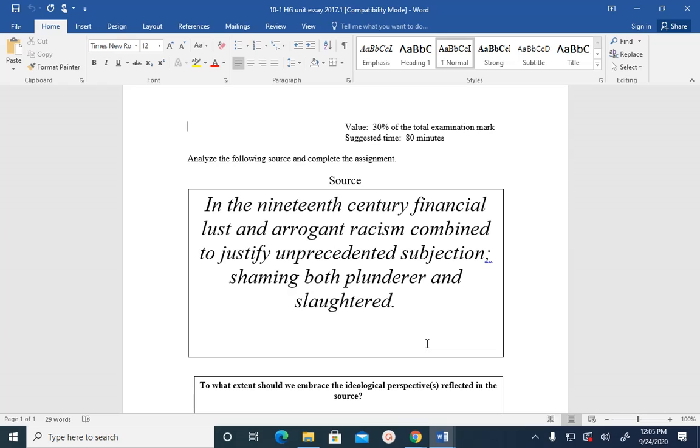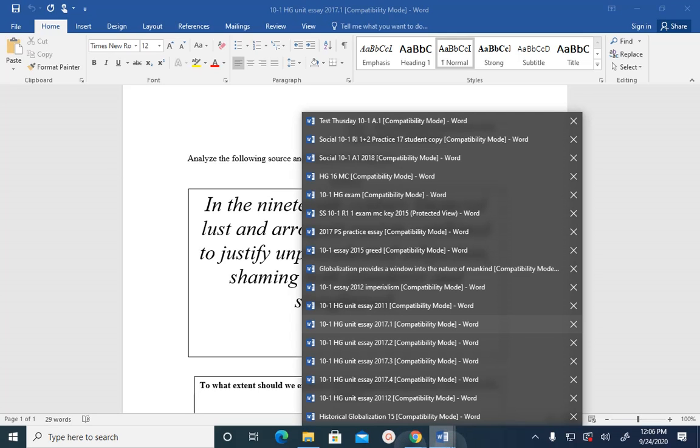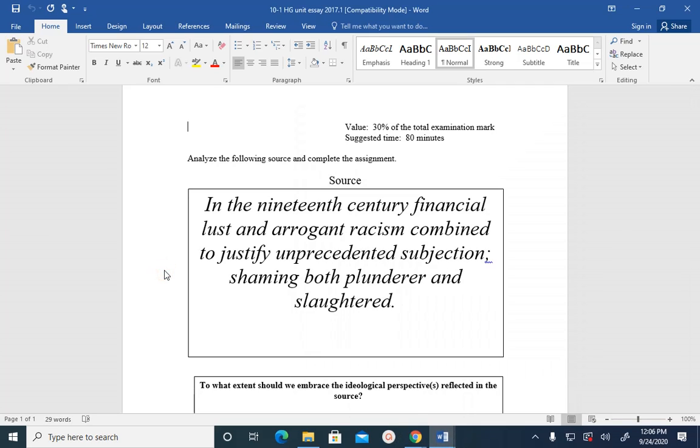But then there's a racist element, and arrogant racism. So the inclusive thing here, in the 19th century, financial lust and arrogant racism combined to justify unprecedented subjugation. Hate when that happens. Because of the wording of that, you could talk about the slave trade.